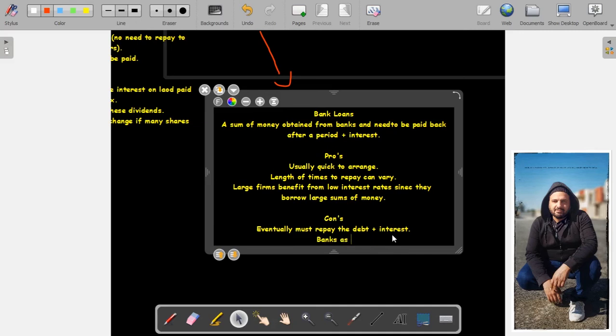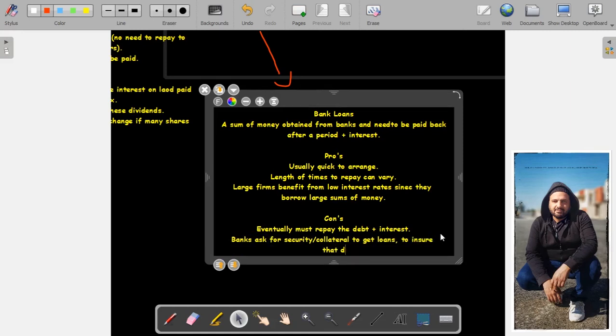Banks ask for security or collateral to get loans, to ensure that the debt is repaid.